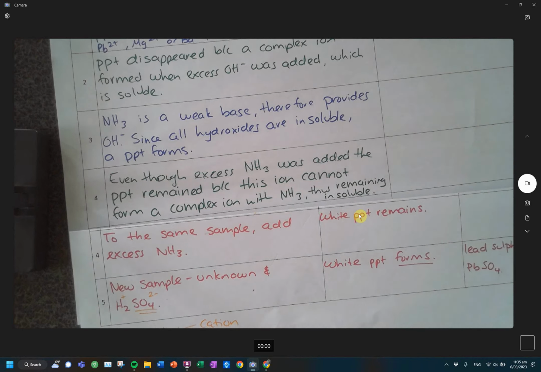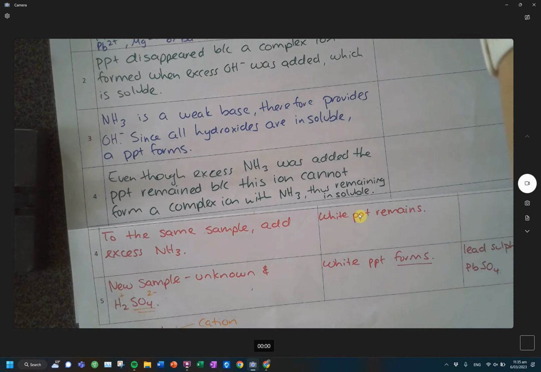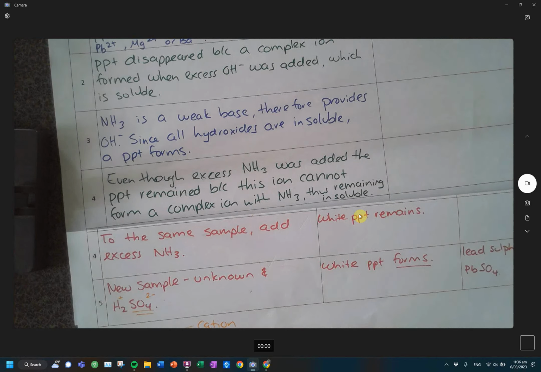Cool. So that's, again, like I said, an excellence level thing, because now we're looking at explaining what's going on with the complex ions. Cool? All right.